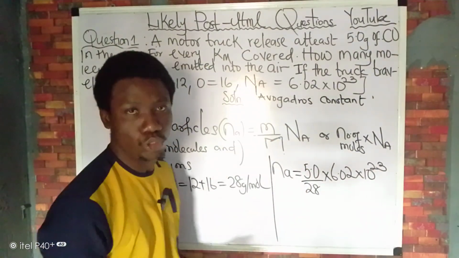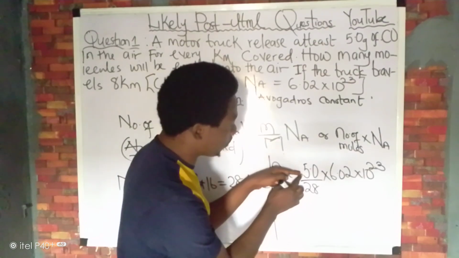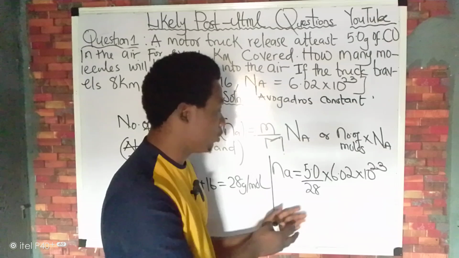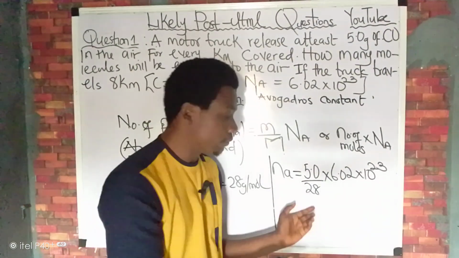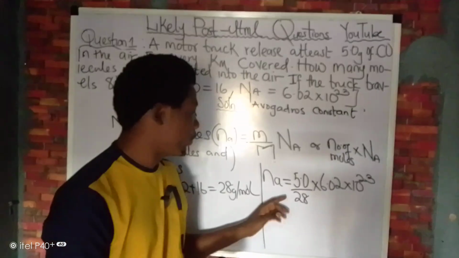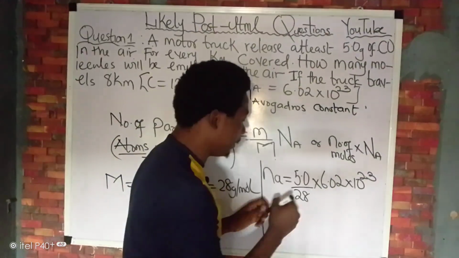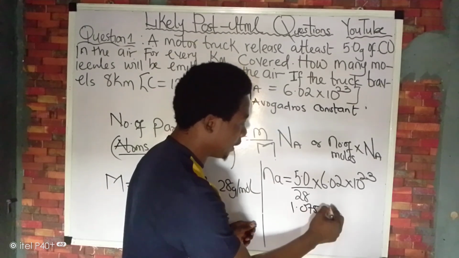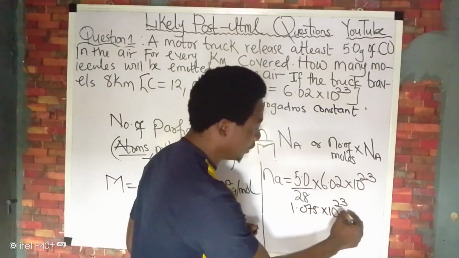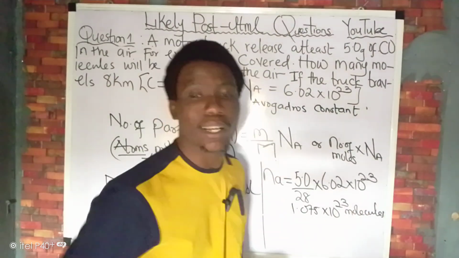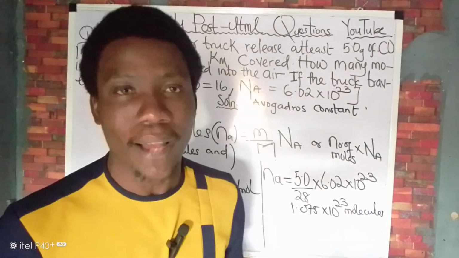So remember, you are a post-UTME student, you multiply 5.0 times 6.02, then you divide it by 28. Let's do that quickly. If we multiply this by this and divide by this, we have 1.075 times 10 raised to the power of 23 molecules. So ladies and gentlemen, this is the number of molecules that is released in every 1 kilometer.